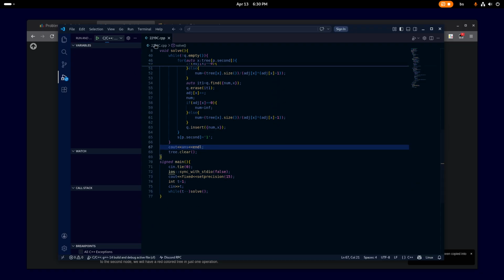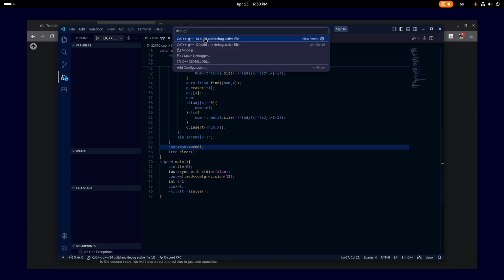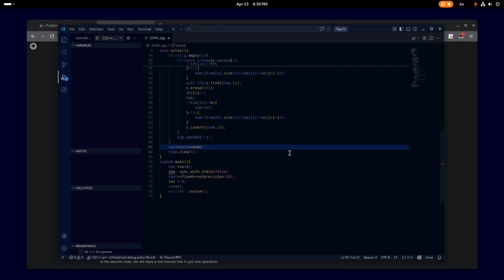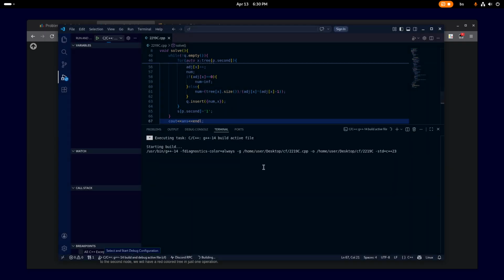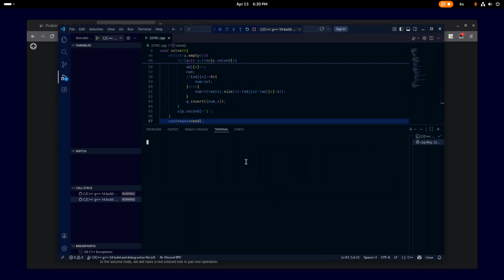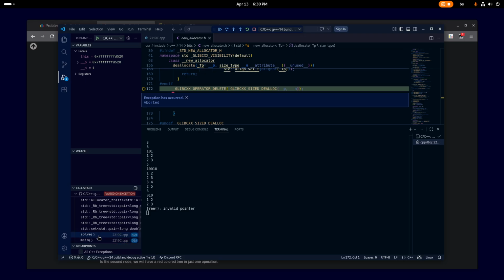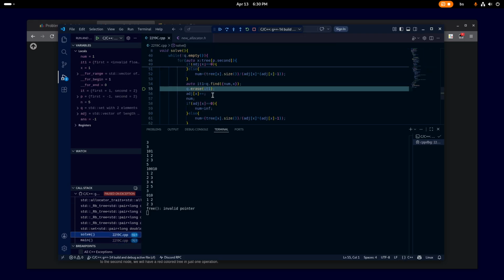Okay. Now, yeah. Again, invalid pointer, what?